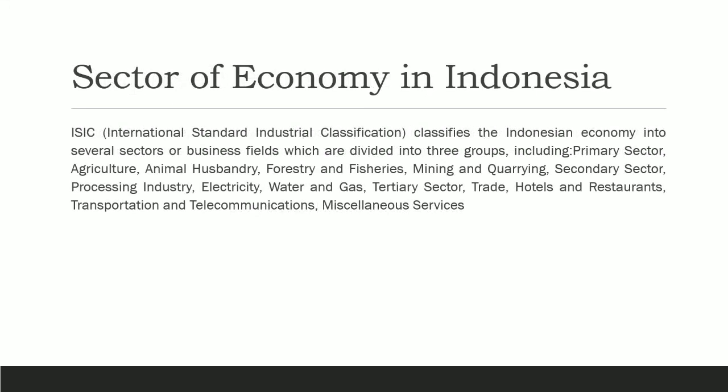The sectors of the economy in Indonesia.